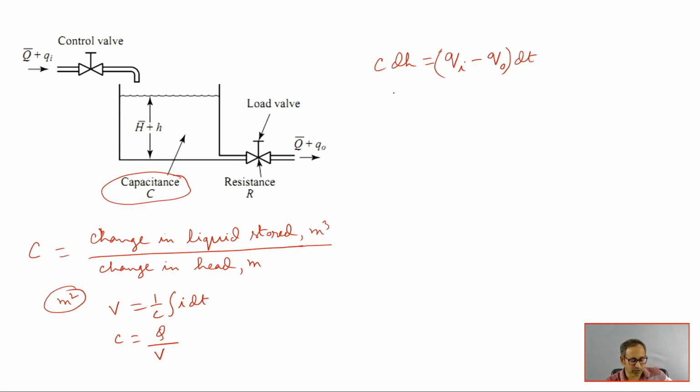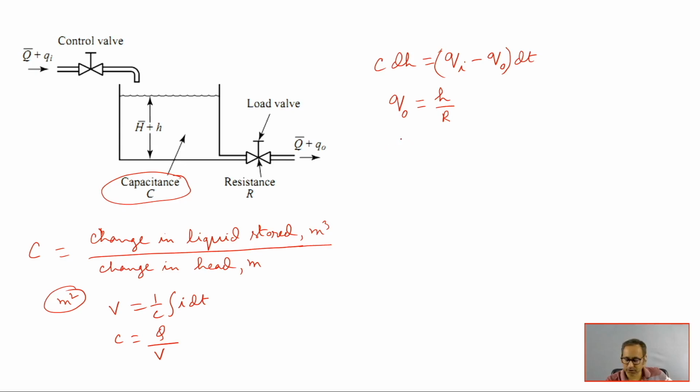Now Qo, the outflow rate, is equal to H by R, considering a linearized system. This R is R linear.